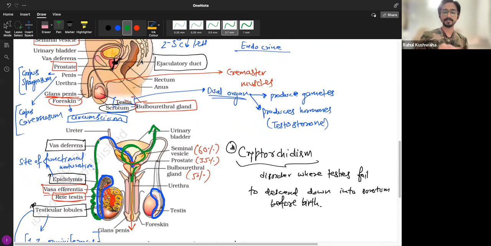If anatomy is clear, then we have to understand physiology, which is how the male system makes sperms. And I'm giving you homework for the next class. Write down. You have to study two things.